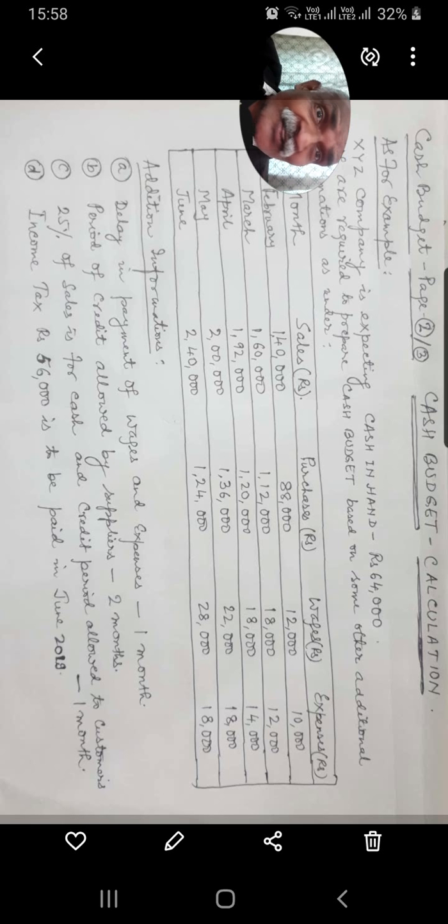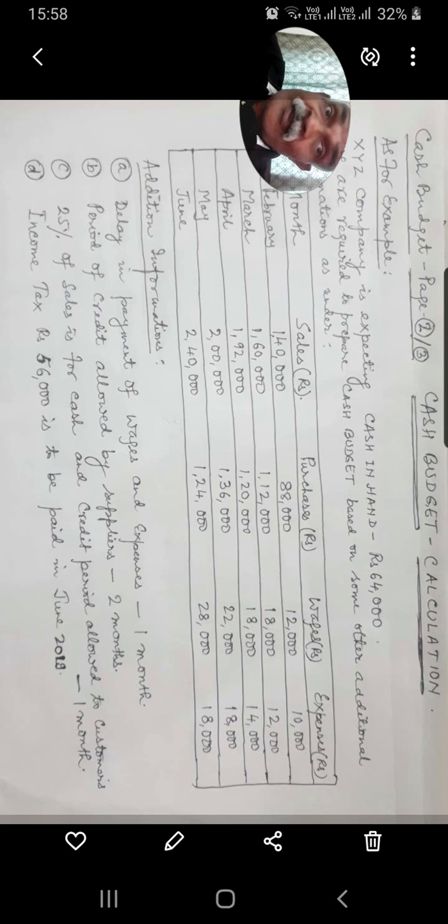That is, 75% of the sale of January will be collected in the month of February. 75% of the sale of the month of, suppose, March, you will collect in the month of April. Clear? Now, income tax, 56,000 rupees is to be paid.